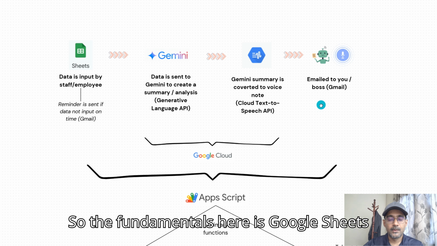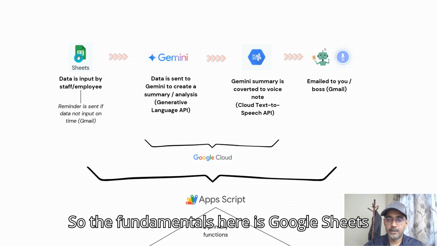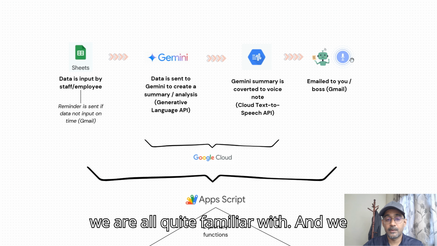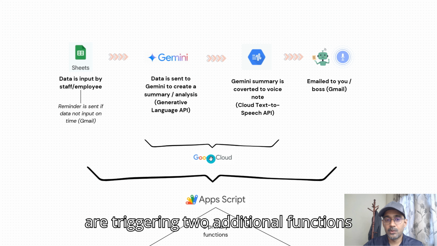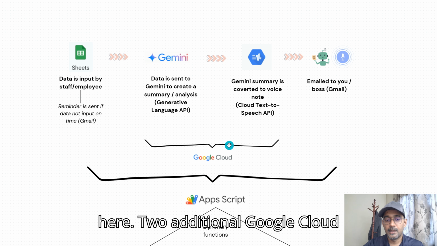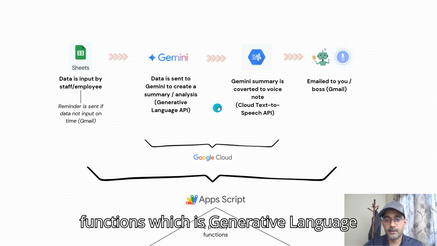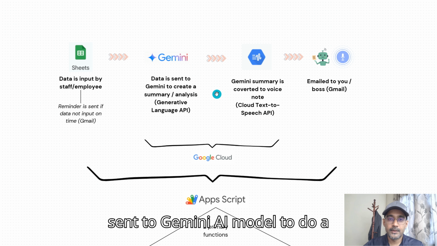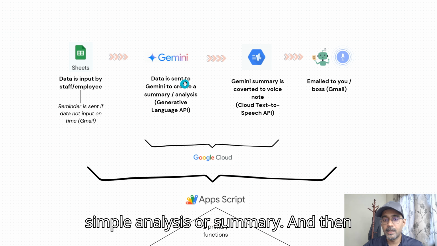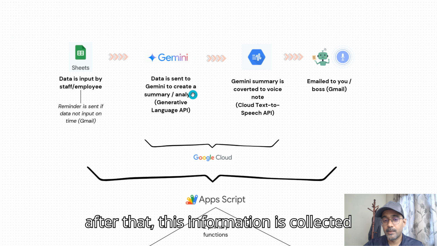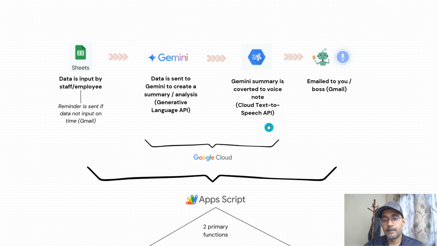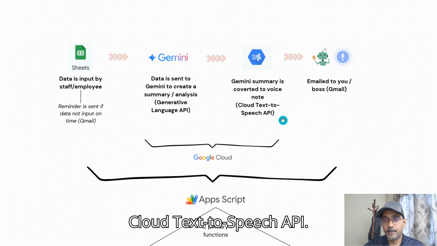So the fundamentals here is Google Sheets. And then, of course, Gmail, which we are all quite familiar with. And we are triggering two additional Google Cloud functions, which is the Generative Language API, where the data is sent to Gemini AI model to do a simple analysis or summary, and then after that this information is collected and sent to another Google function, which is Google Cloud Text to Speech API.